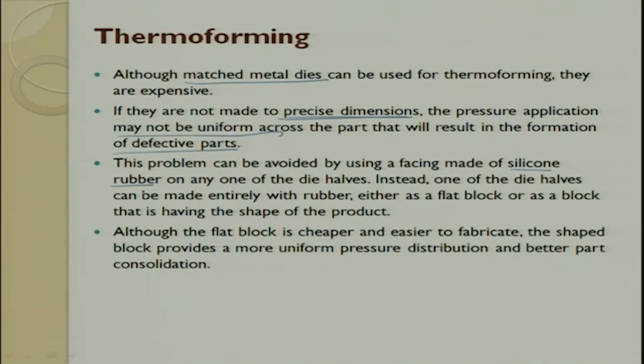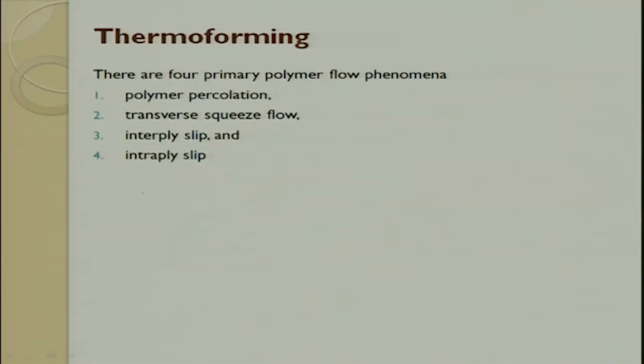So, you can try to have better control on top and bottom. If you have only a bottom die, the process is going to be economical. If you go for a top die, it is going to be 2 dies, 2 parts, so it is going to be expensive. The 4 primary polymer flow phenomena are polymer percolation, then transverse squeeze flow, then interply slipping, then intraply slipping.